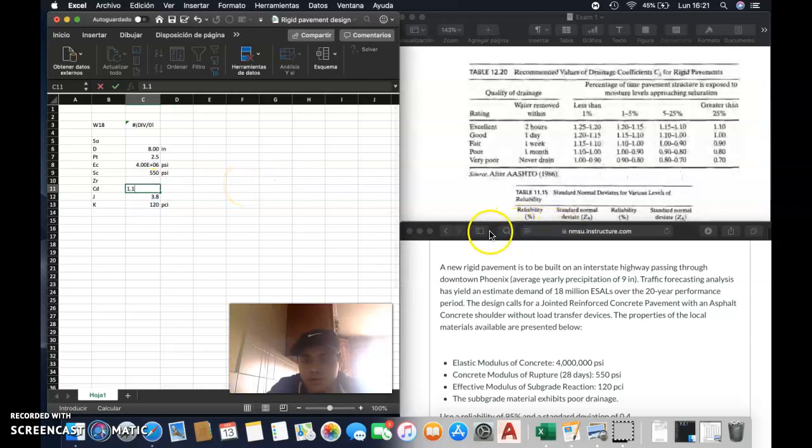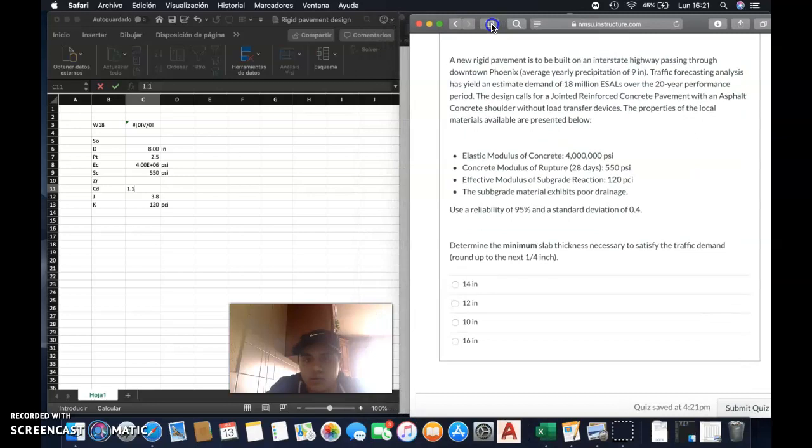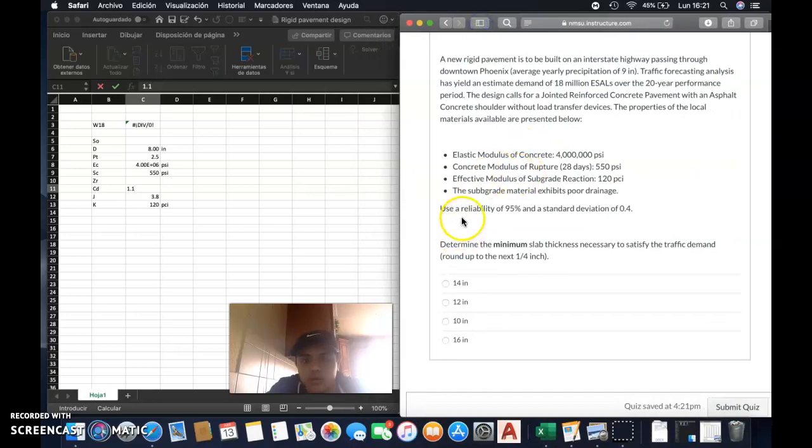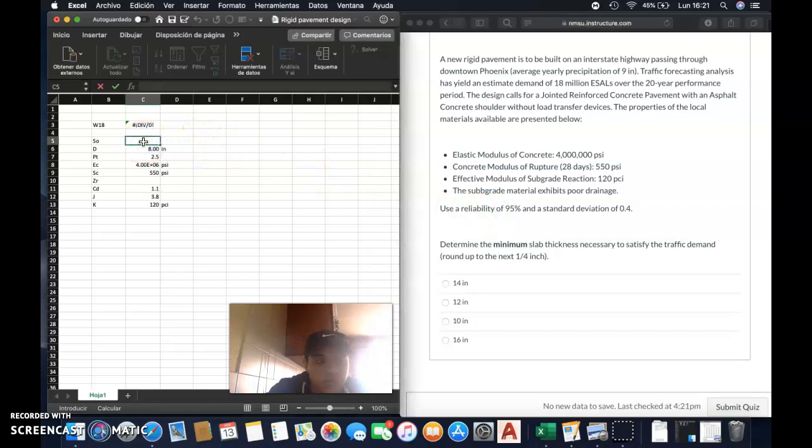What else do we have? A reliability of 95% and a standard deviation of 0.4.